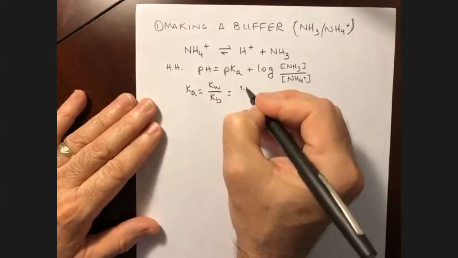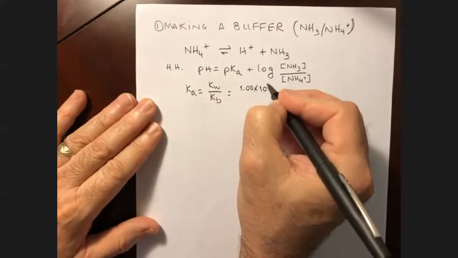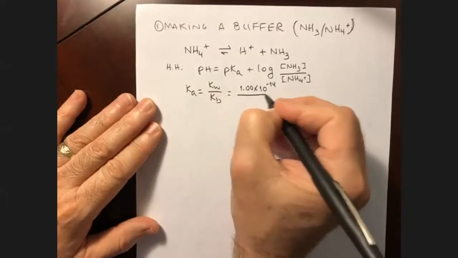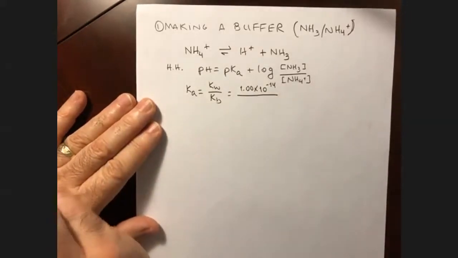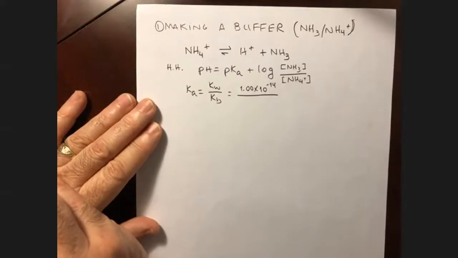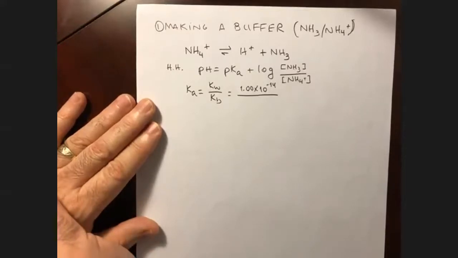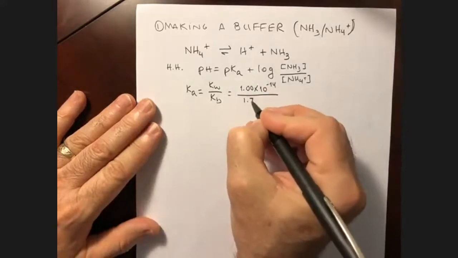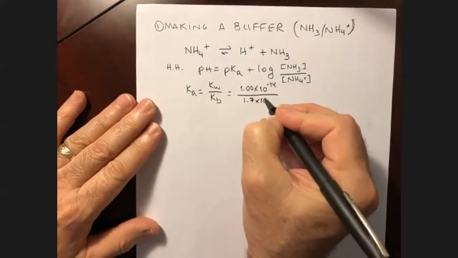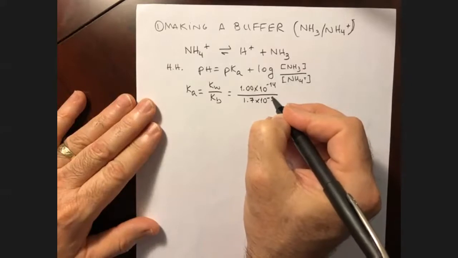Of course, Kw is 10 to the minus 14. It's constant, right? You don't have to memorize it technically, but you should by now have used it enough that you remember what it is. And we were told that the Kb is 1.7 times 10 to the negative 5.